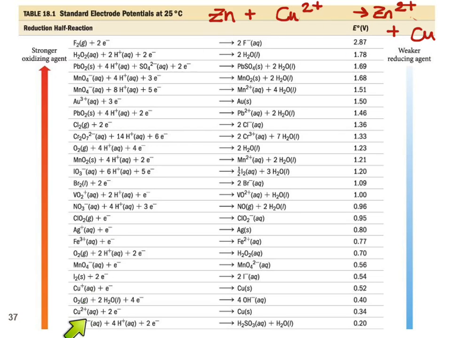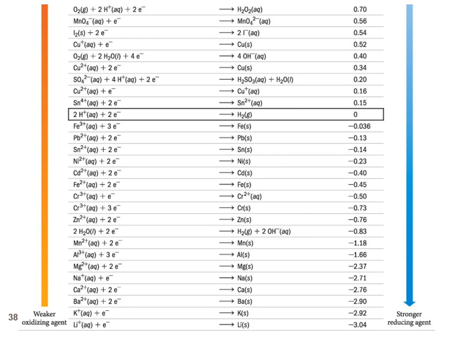So here's the reduction. So that's as written, and then I think zinc is down below. Zinc is down here. So copper ion can make zinc go backwards. Does that make any sense?